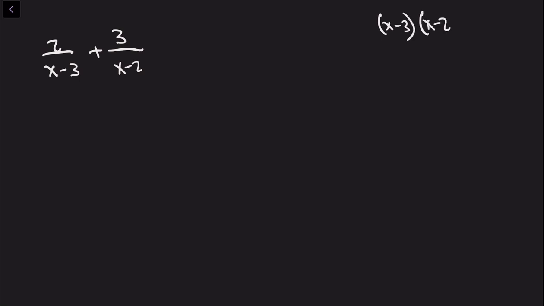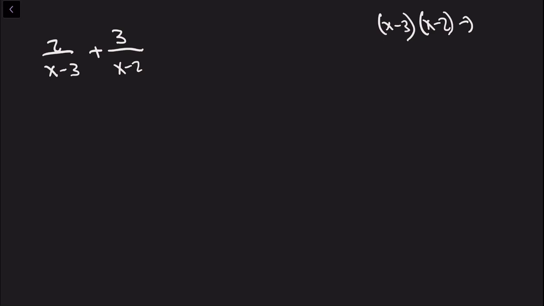So if we have 2 over x minus 3, and we add it together with, say, 3 over x minus 2. Well, how can we get this common denominator? Well, we could just multiply these together. We'll have x minus 3 times x minus 2. This will give us some polynomial.